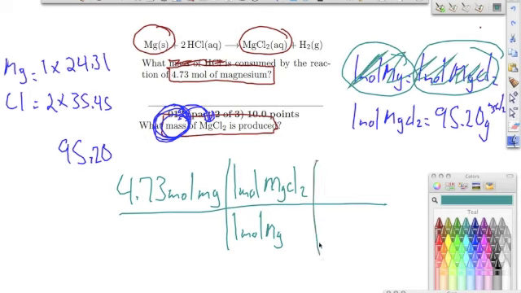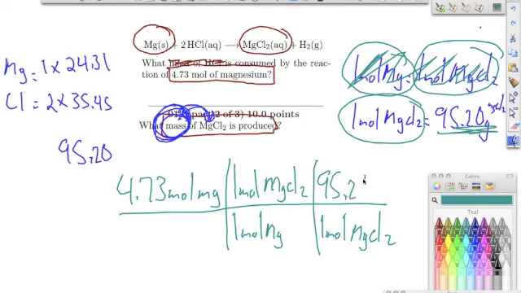So we keep going because we haven't found the mass of magnesium chloride yet. We see that moles of magnesium chloride is on top. What's the only thing that says that? That right there. 1 mole of magnesium chloride equals, and we put the other half on top, 95.20 grams of magnesium chloride. We see that these units will cancel and we're left with what we want, the mass of magnesium chloride as our unit.